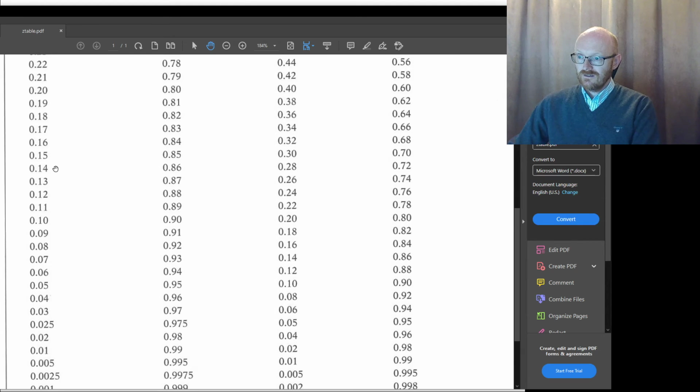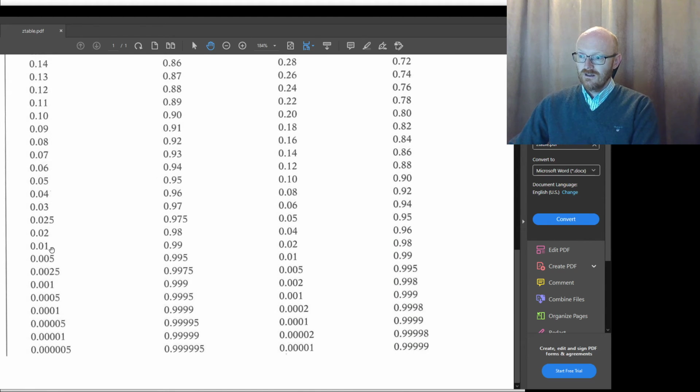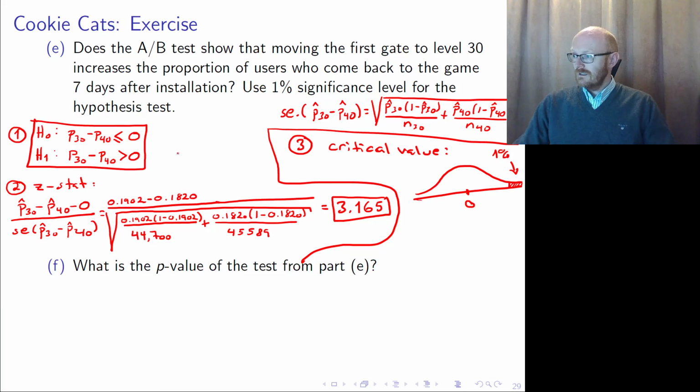So we go down here and look for 0.01, and we get a critical value of 2.3263, okay? So we go back and find the value here was 2.326, okay? So this is our critical value.